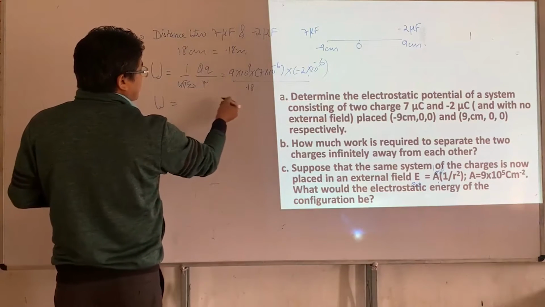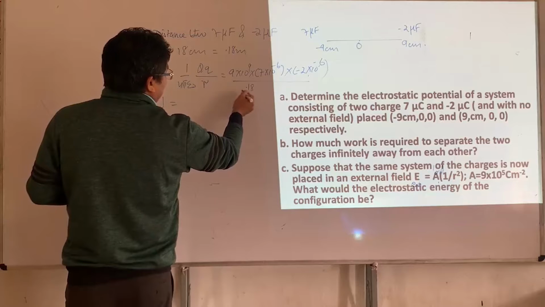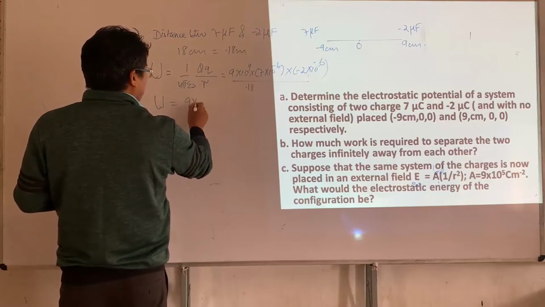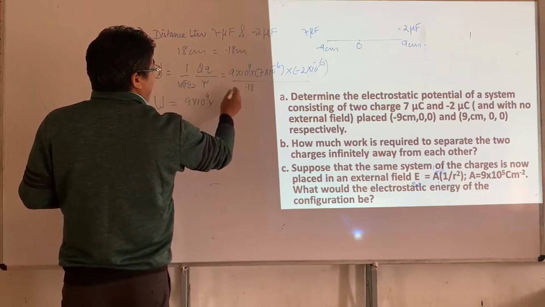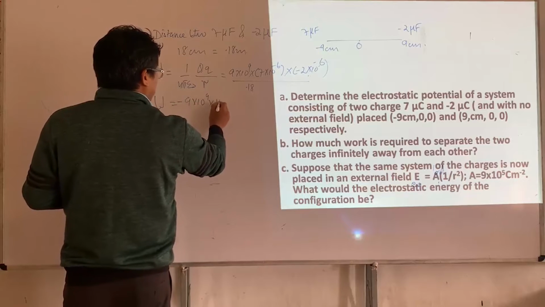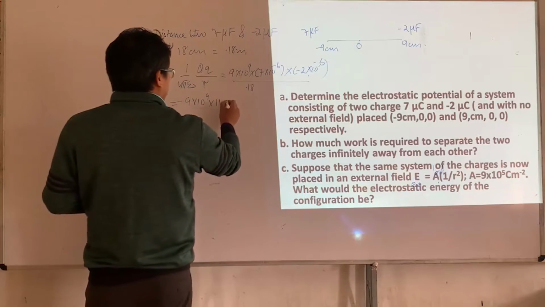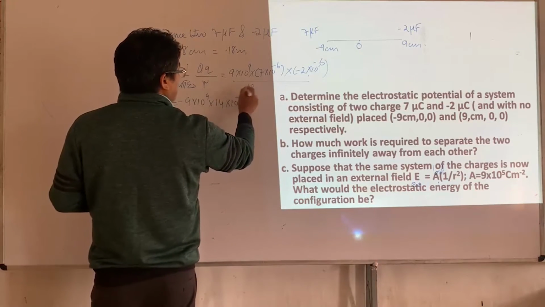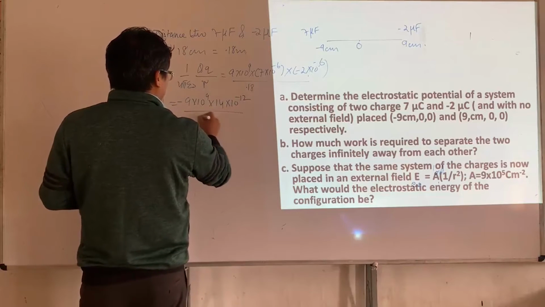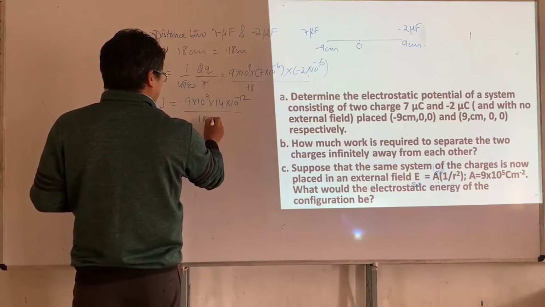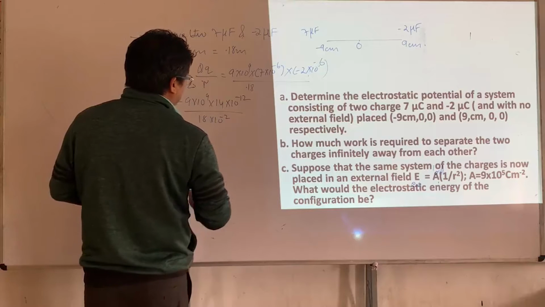When you do this, 7 times 2 is 14, and 10 raised to the power minus 12, divided by 18 into 10 raised to the power minus 2.